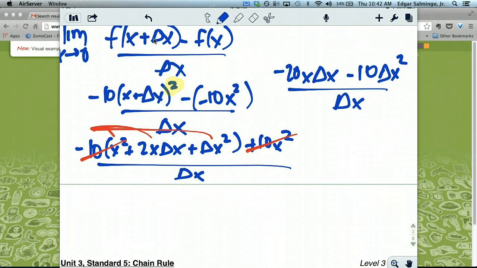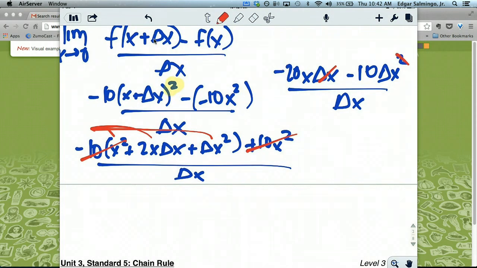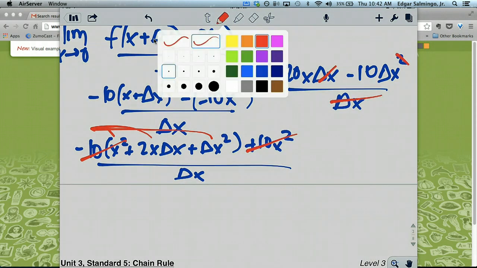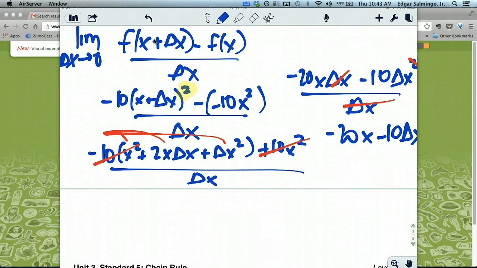Again, if you're doing this right, delta x should cancel from the top and from the bottom. So I'm going to cancel 1 here and the 1 down here. So the whole problem is just going to be negative 20x minus 10 delta x. Remember, this whole problem was as delta x goes to 0. So remember, as delta x goes to 0.